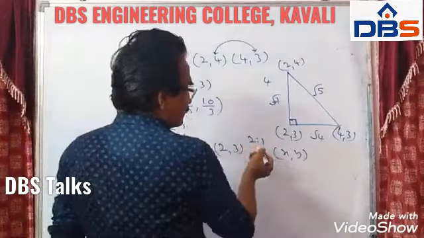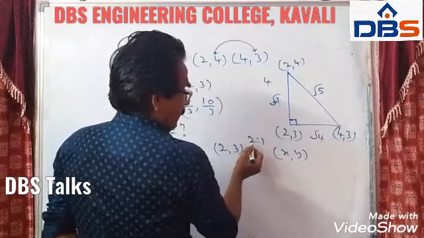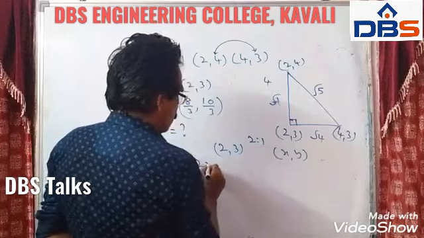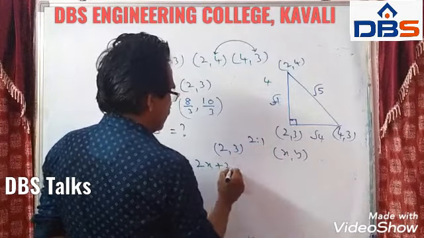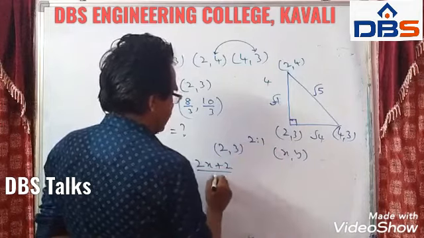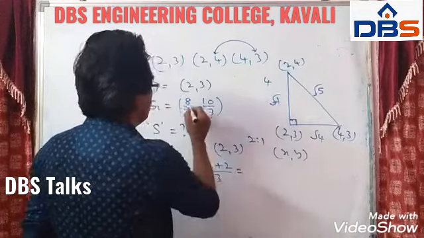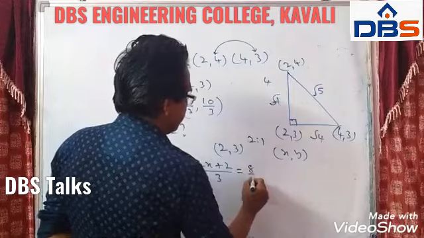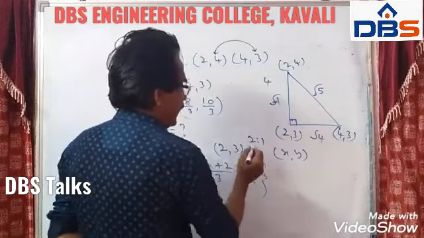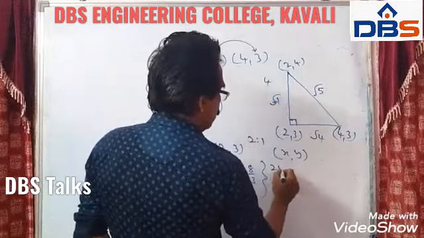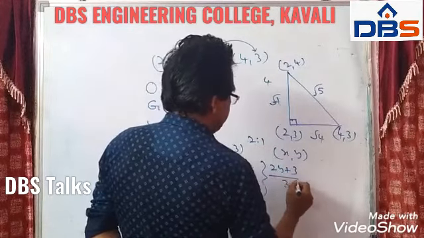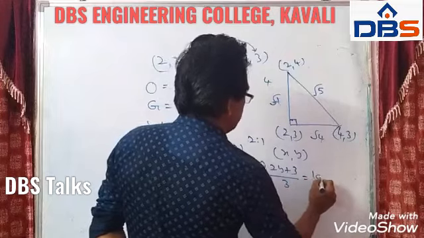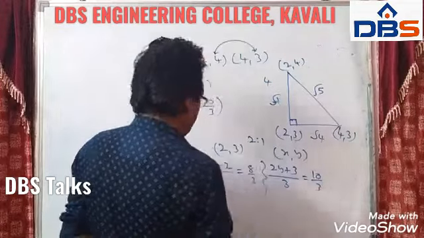See friends, (m x2 plus n x1) by (m plus n) is equal to 8 by 3, and (m y2 plus n y1) by (m plus n) is equal to 10 by 3.